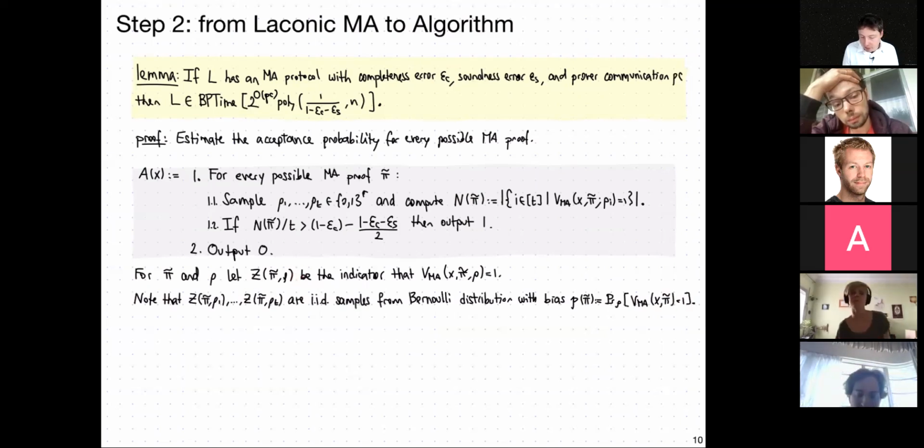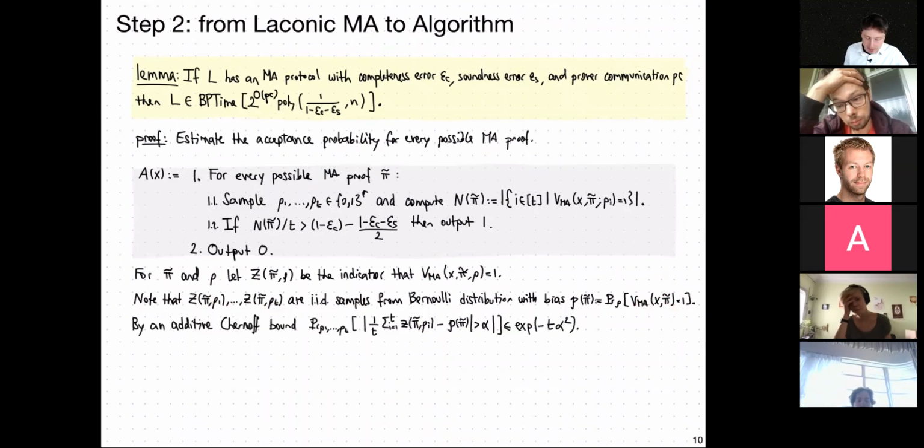So you can define indicator variables to be the indicator whether MA accepts on that proof and that randomness. And so across different randomnesses, these are just IID samples from a Bernoulli distribution whose bias is the probability that the verifier accepts. And with some additive Chernoff bound, the probability that the estimate is farther away from the probability than more than some alpha is this one.